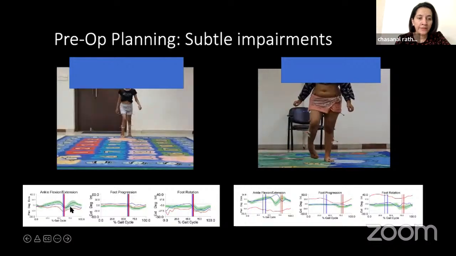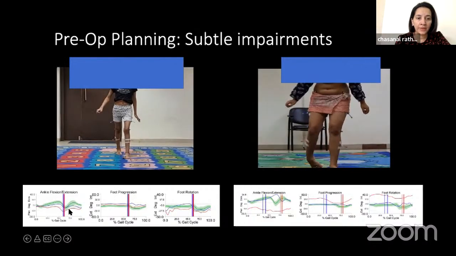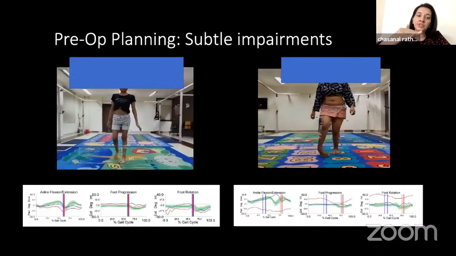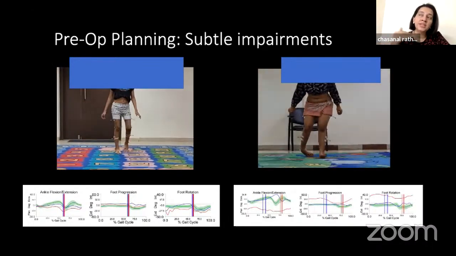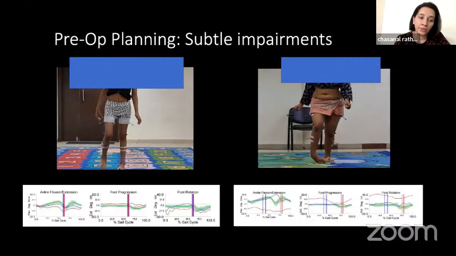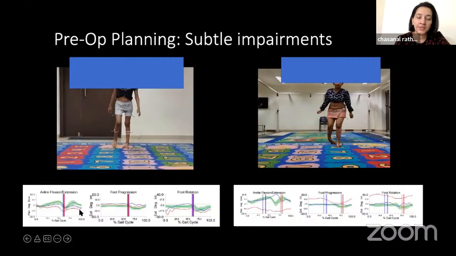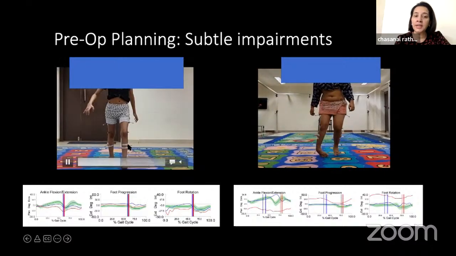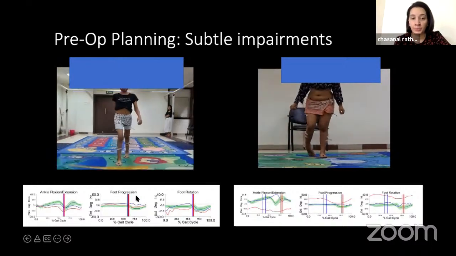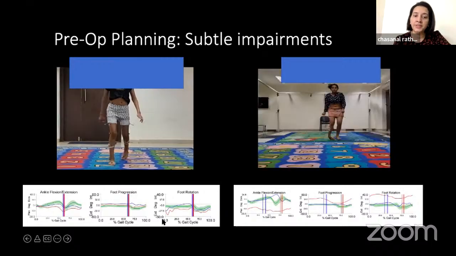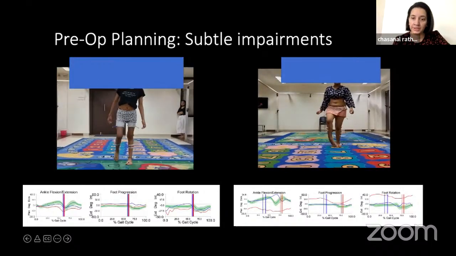So the left foot particularly is going in equinus, which probably is not visible. Post equinus, she's gone in varus. So we think it's just a varus and it will correct. But no, the gait lab has helped us to pick that there is also an equinus. So it's not just a tendon transfer or a tibialis posterior lengthening which will help here, but a gastrosoleus recession is also required to treat that.